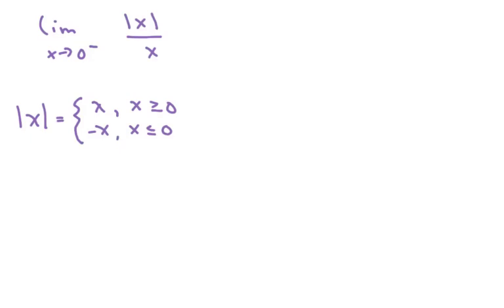So since we're coming from the left, and it's 0 here, the numerator is going to be negative x because x is going to be less than 0. And I forgot to put this, we're coming from the left here. So that means it's negative x over x. And reduce that, that gives you negative 1.